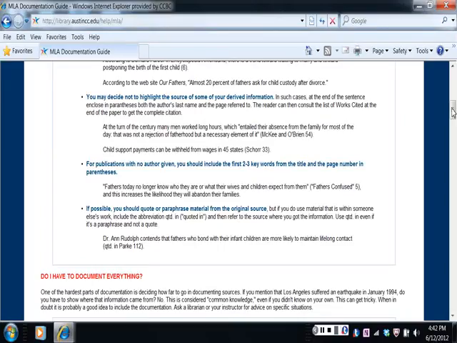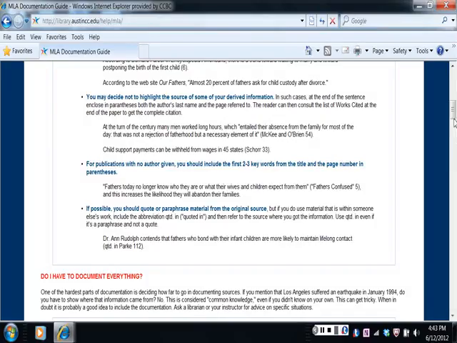Okay. Now, for publications with no author given, you should include the first 2 to 3 keywords from the title. You should include the whole title, actually, unless it's very long, and then do as they say here, include the first 2 to 3 keywords in the title and the page number if you have it in parentheses.